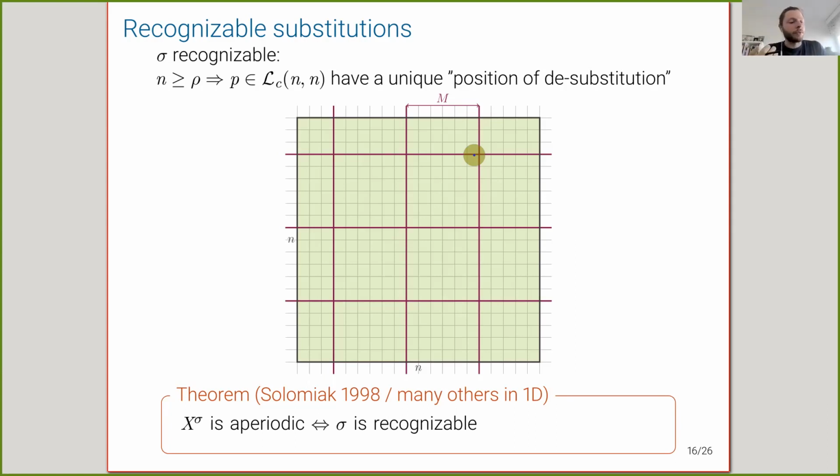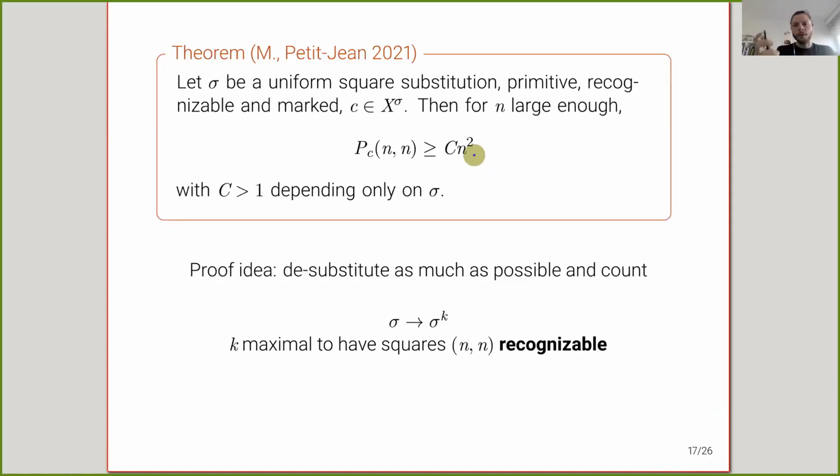So it's really nice for us because we are exactly interested in understanding the complexity of aperiodic substitutions, so recognizable substitutions. So back to the theorem, we have our substitution that is primitive, recognizable, and marked. And in this case, we can prove this nice lower bound.